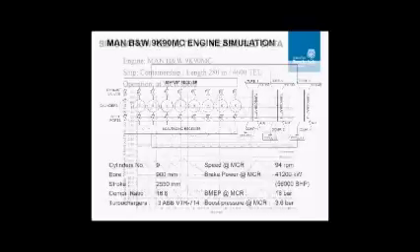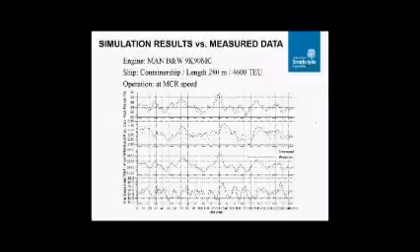Here we see that the results derived from simulation runs for transient operation of the engine were validated against measurements, and satisfactory agreement was observed. With the continuous line, we have the measured parameters, and with the dashed one, we have the predicted ones.